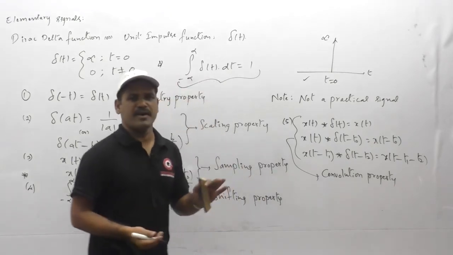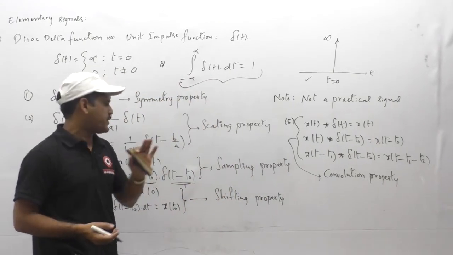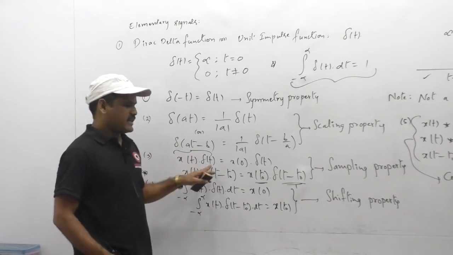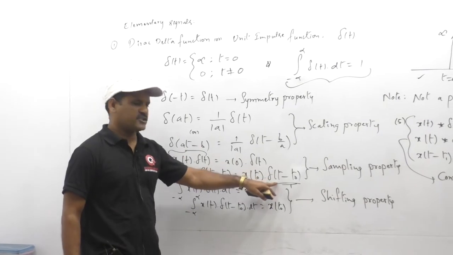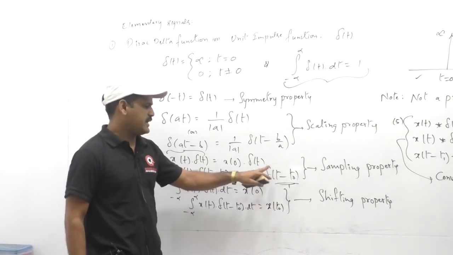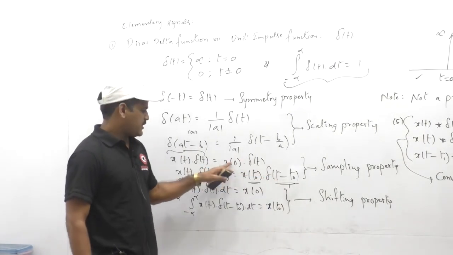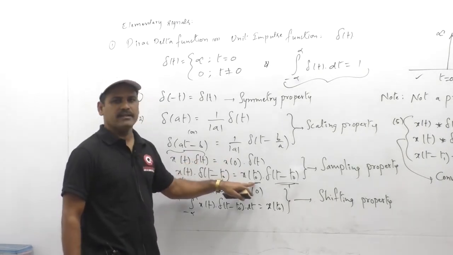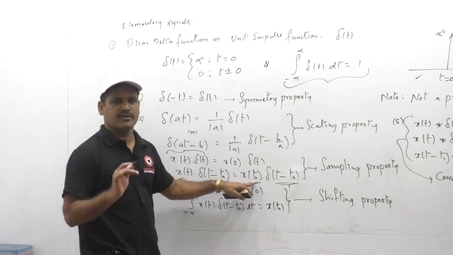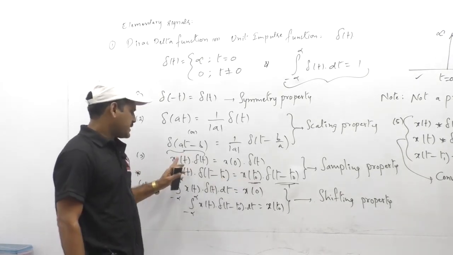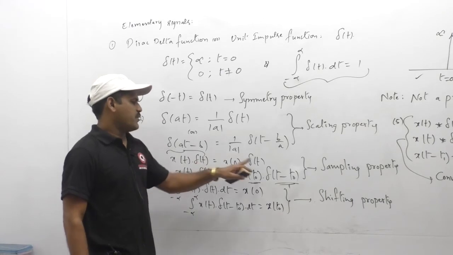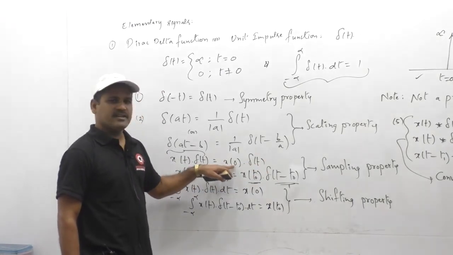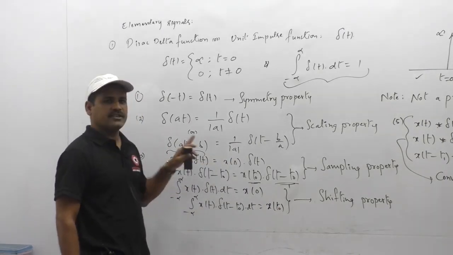If you observe one point here, from the properties of the delta function, after multiplication of a signal with the delta function, there is a delta function on the right hand side expression. We get the delta function as it is; only x of t, the signal multiplied to the delta function, does not appear in the result. We get the delta function with its magnitude based on the amplitude of the signal at that instant.